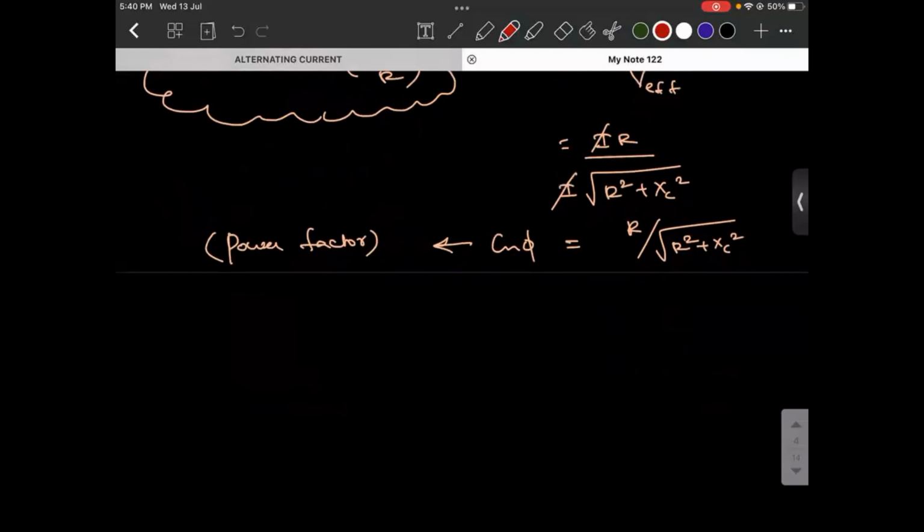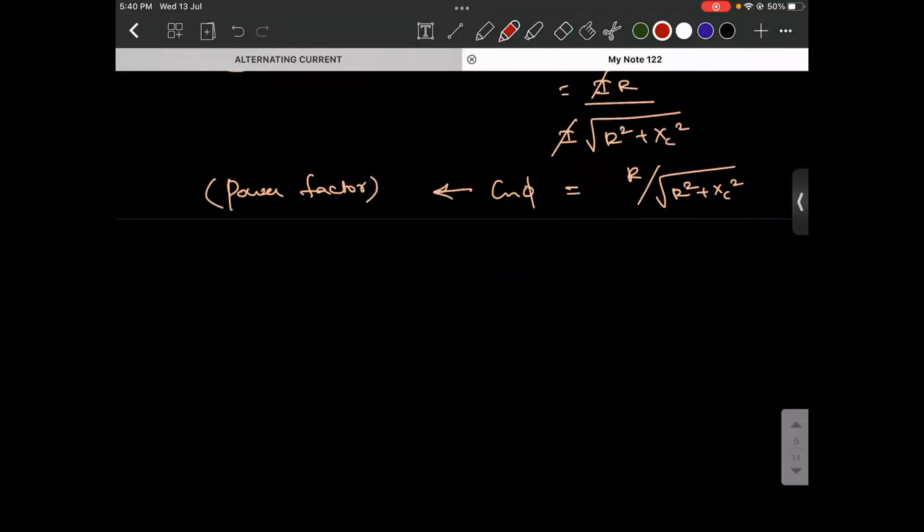Now, can I trust you and give you a task? I'll give you 5 minutes. Do this. AC source connected across a series R and L circuit. So this is the task.